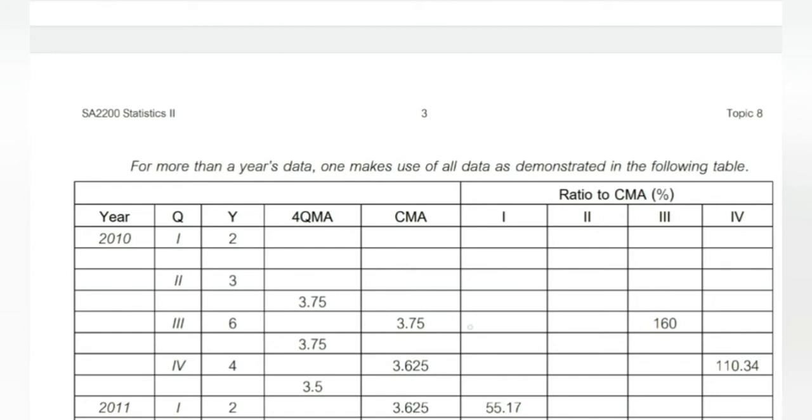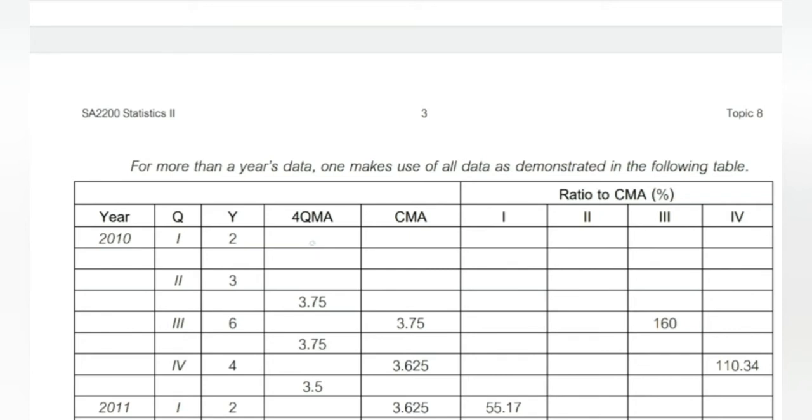Now this table shows how to compute the seasonal index. Note the columns: column 1 year, column 2 quarter, and column 3 Y. You have to display the values of Y in this column vertically. The first step is to compute the 4-quarter moving average. 4 successive quarters form 1 year.